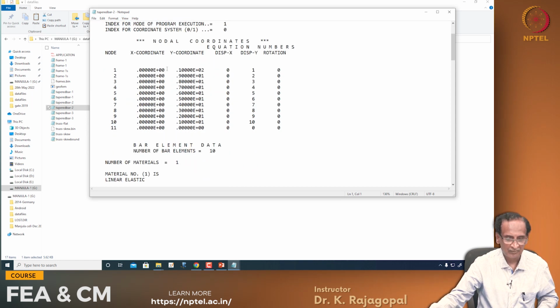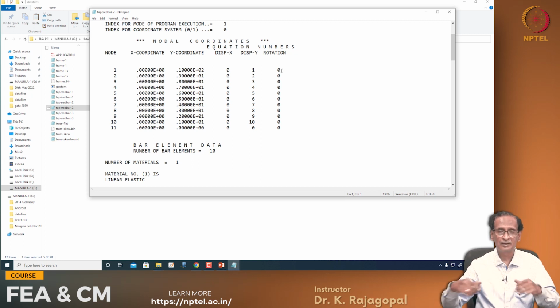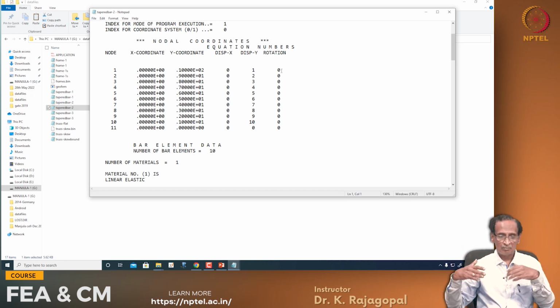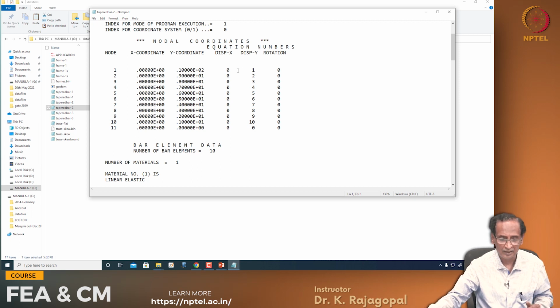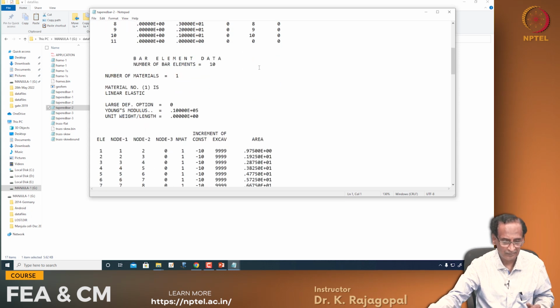Okay, right. So, here we gave the data only for nodes 1 and 11, and all the intermediate points are generated automatically. You see that no equation number is assigned for displacements in the x direction or the rotation, because this is a bar element and only y direction displacements are defined.